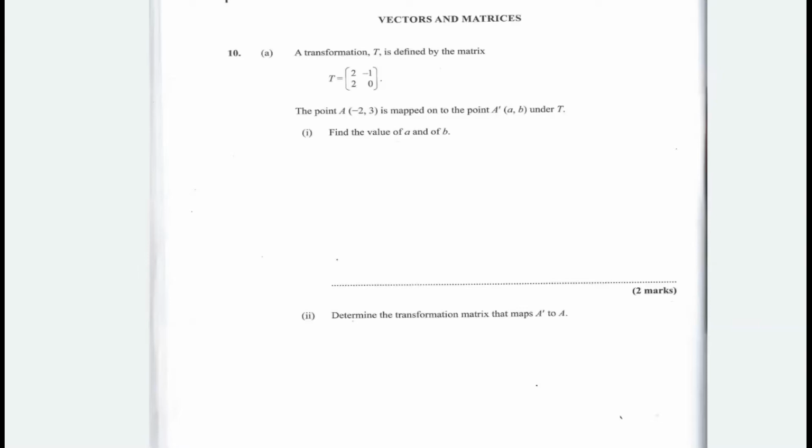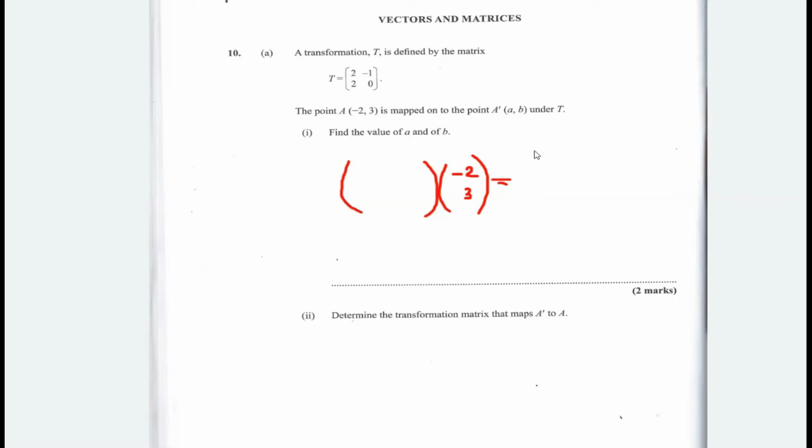In order to find the image, we write A as a vector, (-2, 3), and pre-multiply it by the transformation matrix T, and that will give us the image (a, b).